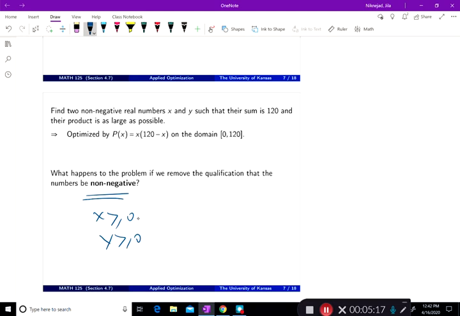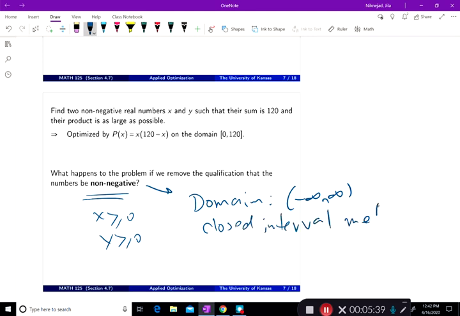So when I remove this, the solution is the same, but after that, domain becomes negative infinity to infinity. And then over here, I can't use the closed interval method anymore. Cannot be used.